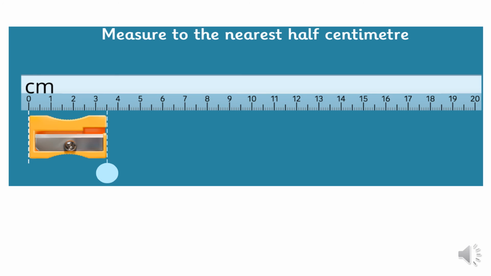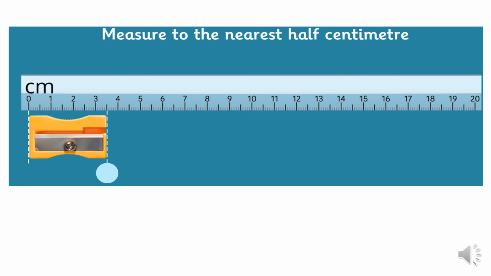There's something a little bit strange about this picture here. Have a look at the sharpener. What do you notice about this picture that's different to the other pictures? That's right, it doesn't end exactly on a number. It doesn't end on the number 3, and it doesn't end on the number 4, because we're measuring to the nearest half centimetre.